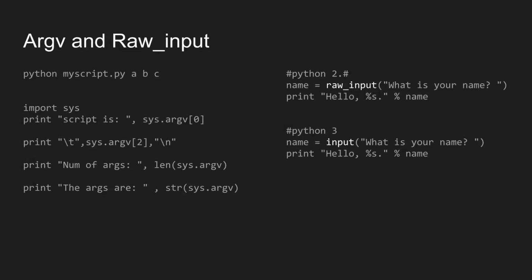I'm not doing concatenation here. I'm doing the comma, so for a different argument. So the arguments are, and this is basically getting the list of the arguments. It's going to print out a string representation of the list of the argument set.